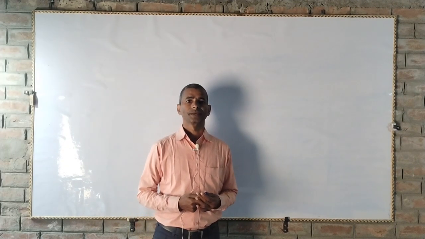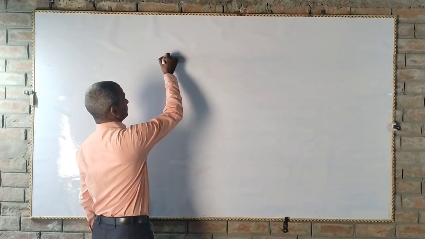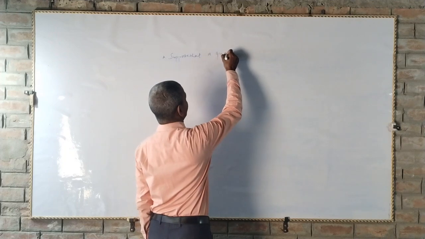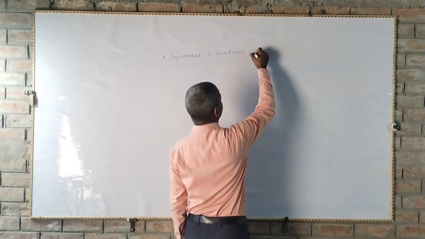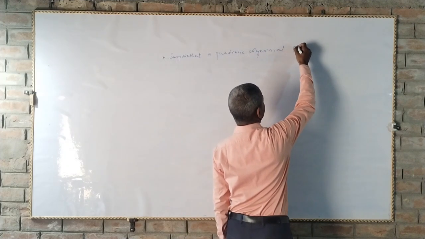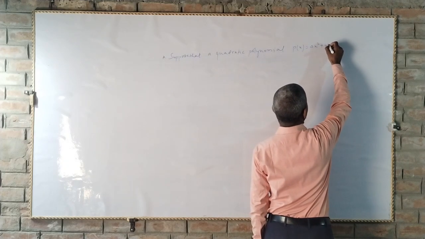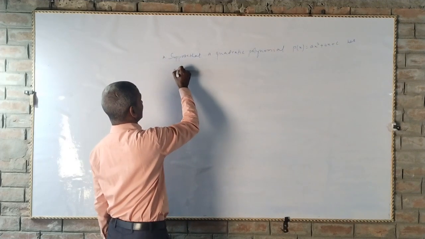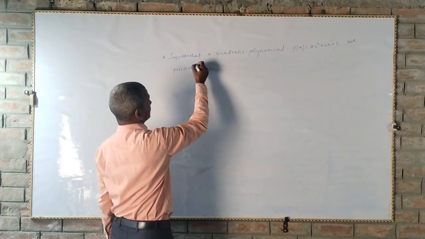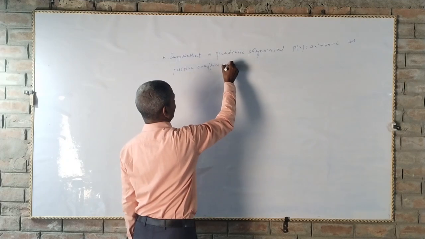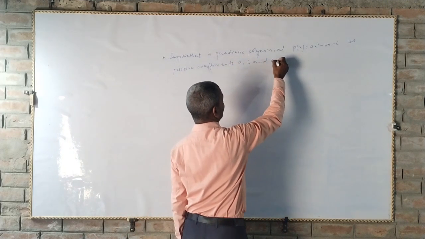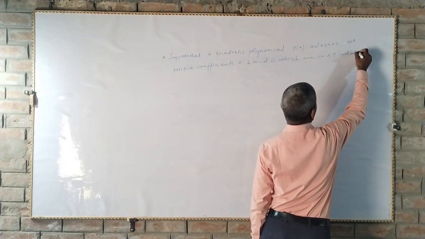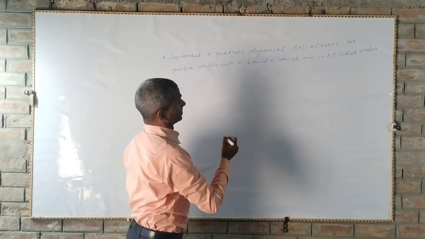Now consider another example of a quadratic equation. Suppose that a quadratic polynomial p of x is equal to ax square plus bx plus c has positive coefficients a, b and c, which are in AP in that order.